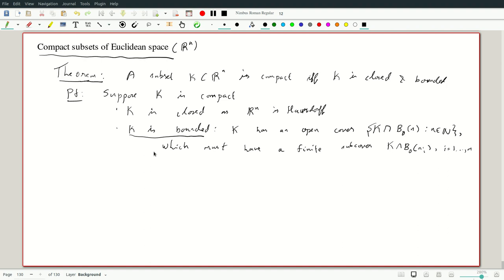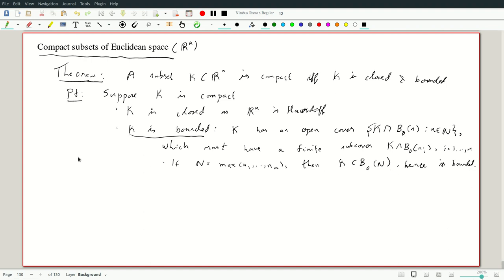Now you just take the maximum, right? If n equals the maximum of n1 to nm, then K is contained in the ball around 0 of radius n. 0 is the origin here, hence K is bounded. So this is a typical way in which compactness is used.